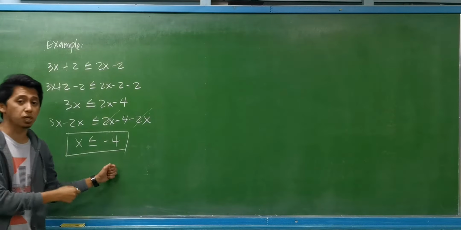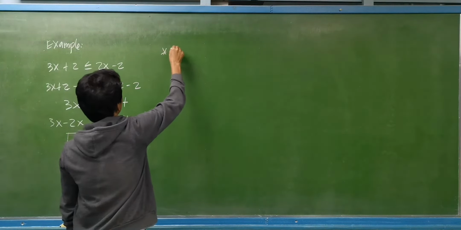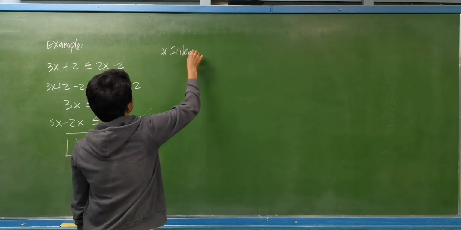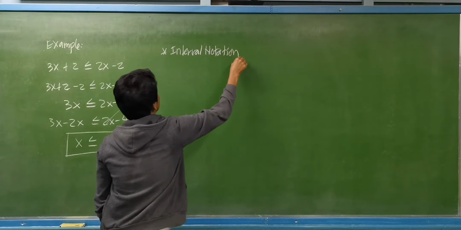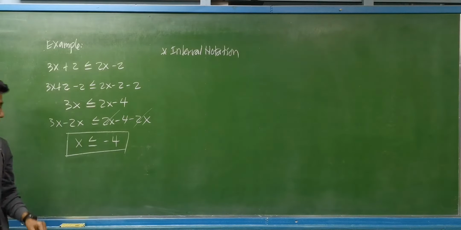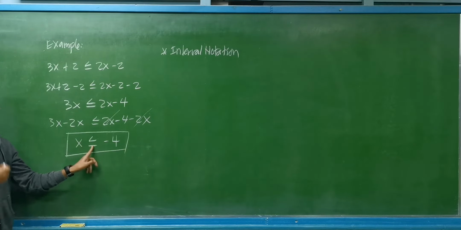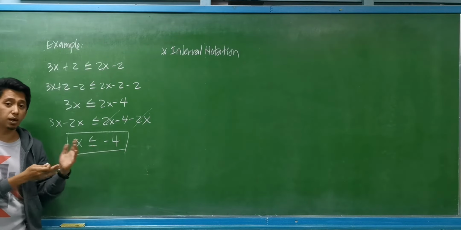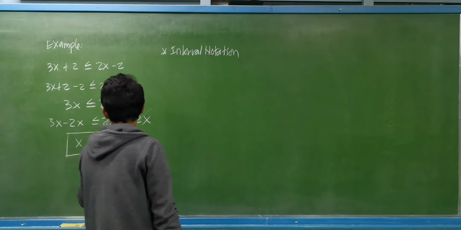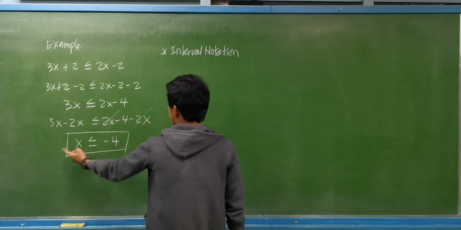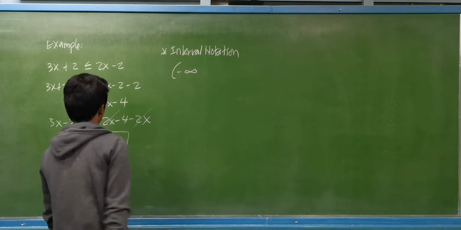Again, how do we present the solution set of an inequality? First, by interval notation. As you can see, we have the less than or equal to sign, which works the same as the greater than or equal to. This is any value less than negative 4, which means towards negative infinity.